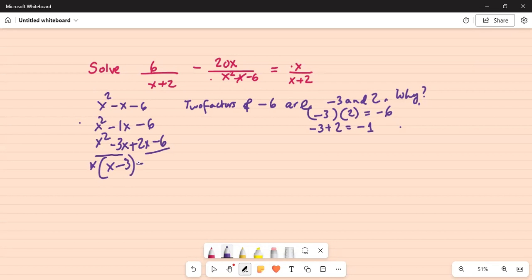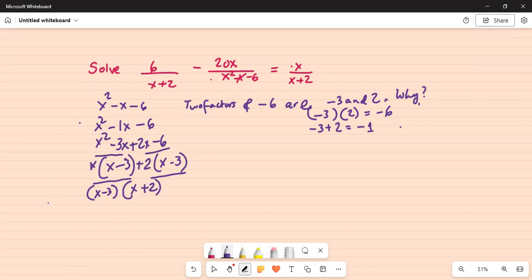For the second two terms the common factor is 2. If I take 2 outside the parenthesis, 2 times x is 2x, and minus 6 divided by 2 is minus 3. Now you can see in both of these, x minus 3 is common. So take x minus 3 as a common factor, and for the first term you're left with x, and for the second term you're left with 2.